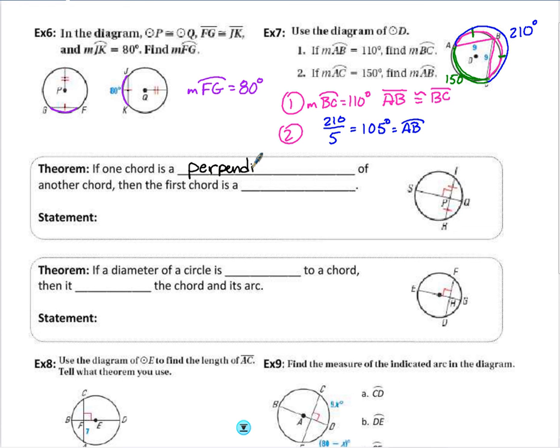Just as a quick recap, perpendicular means that they form a right angle, and bisector means it's bisected or cut into two congruent parts of another chord. So if one chord is a perpendicular bisector of another chord, the first chord that was perpendicular and bisected the other segment has to be a diameter.